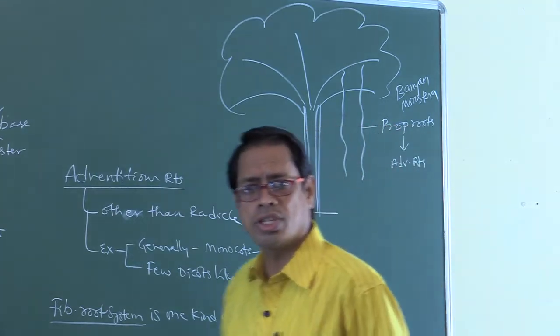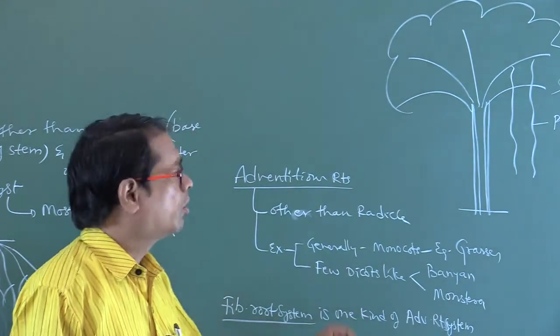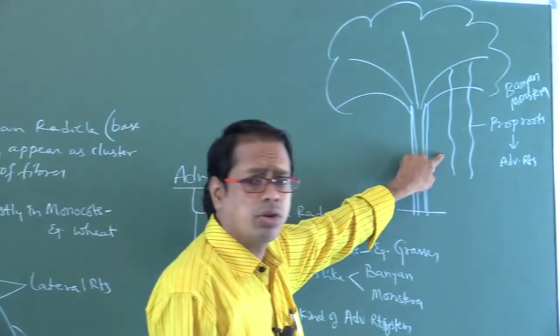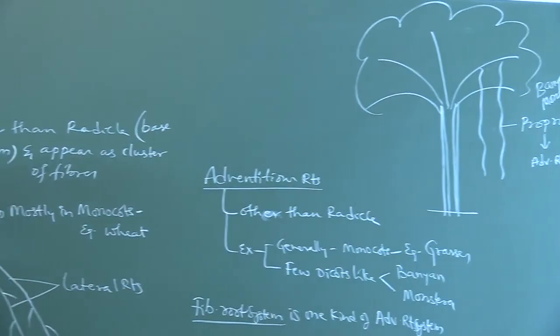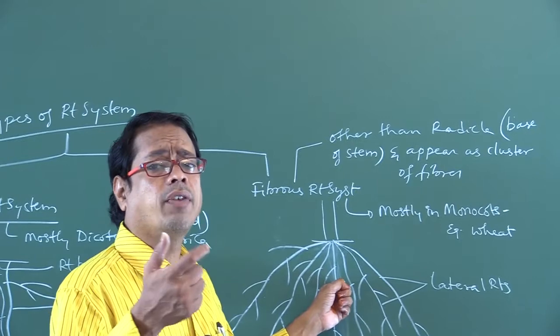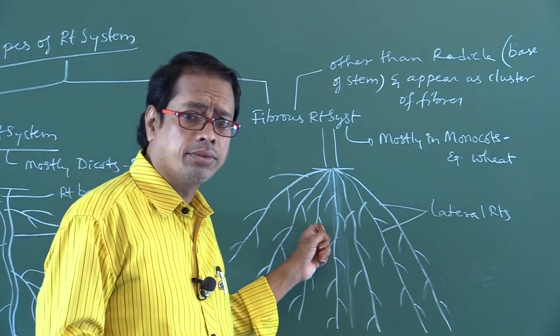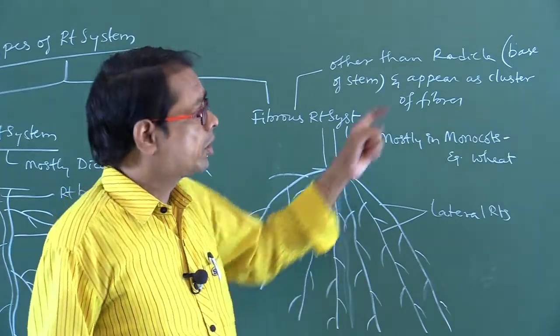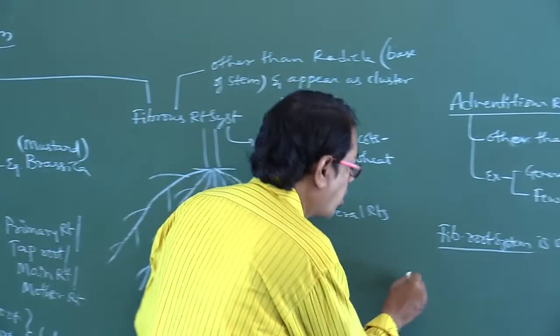So the fibrous root is one kind of adventitious root system. Adventitious roots are not necessarily fibrous roots, but fibrous roots are a type of adventitious root system. So all fibrous roots are adventitious roots, but all adventitious roots are not fibrous roots.